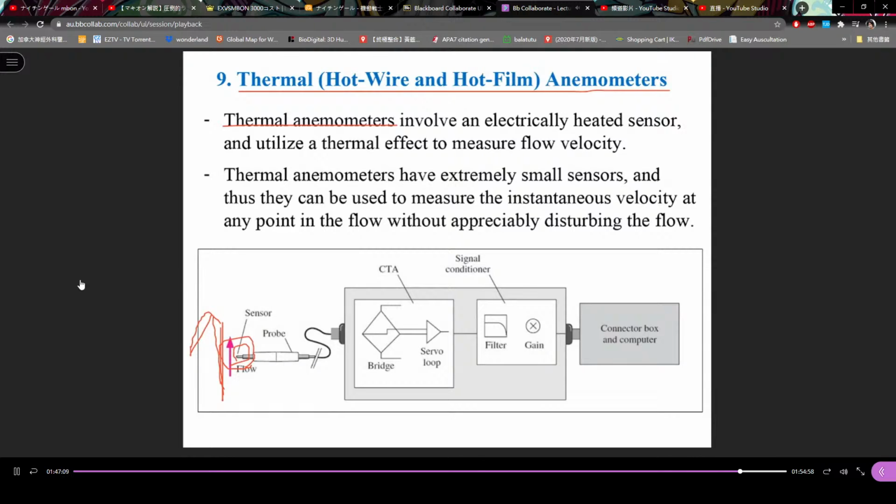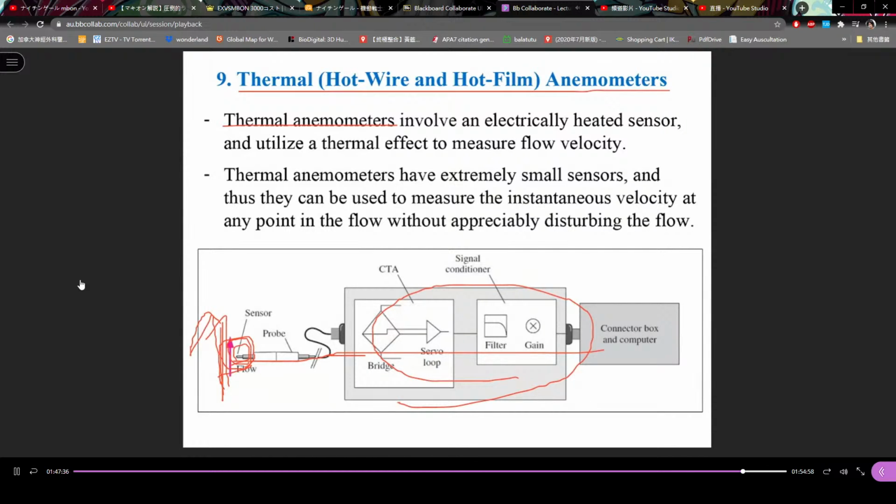The meter will send a signal here to heat it. And higher velocity means the cooling rate is high, and it will affect the resistance here. And the resistance will be measured by this circuit, by this meter. See?